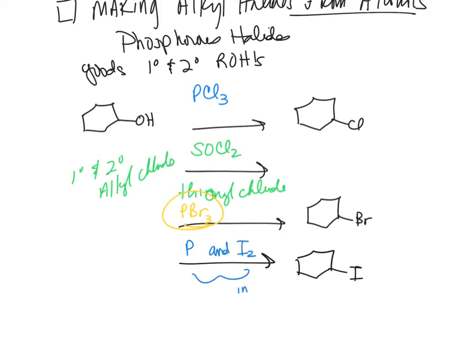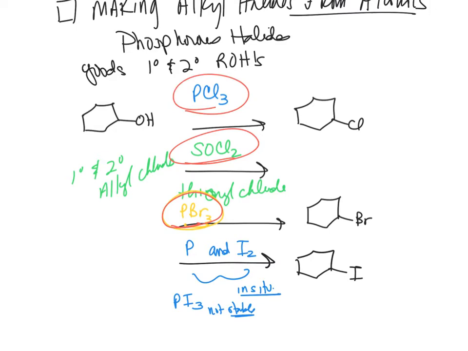And what this does is in situ, and what in situ means, it does this in the reaction. It'll make your PI3 reagent. PI3 is not stable, so we can't put this in a container at room temperature. Thionyl chloride, you can actually have a bottle of this in your reagent. PBr3 you can have, and PCl3 you can have in a reagent bottle. And the yields are all good. I mean, if you look in your slides, you'll see yields of 85%, 90%.